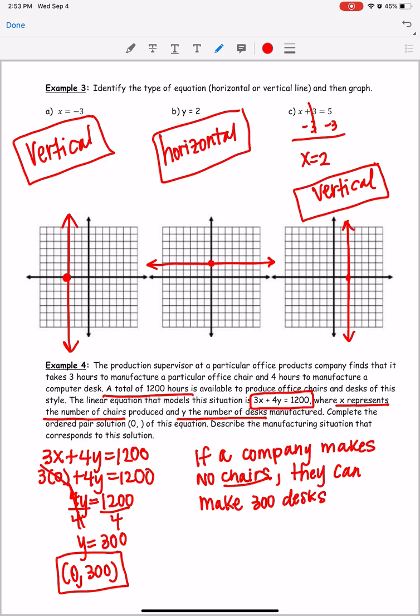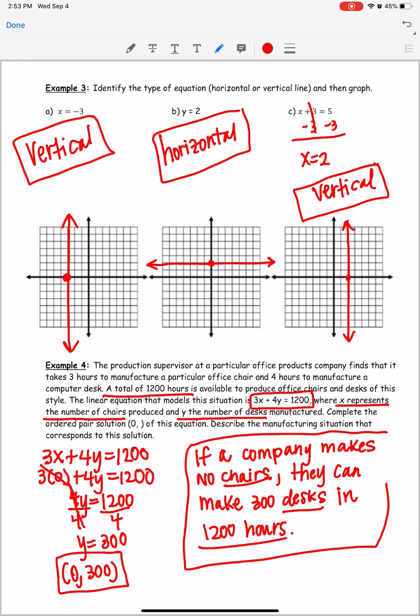Okay, but I also need to know about this magic number here. If a company makes no chairs, they can make 300 desks in 1,200 hours. Those are the 3 things I need to know about. I need to know about the chairs, the desks, and how much time I've got total.